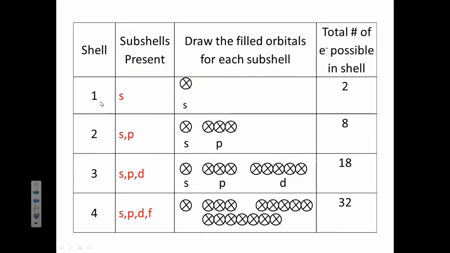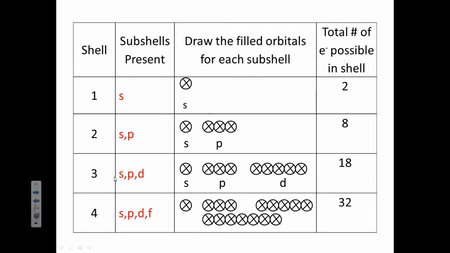So here's exactly what I was talking about. Shell 1, again, that's Walla Walla, has an S subshell only. So there's only 2 possible electrons can live in shell number 1. Shell number 2, Mount Si, has a 1-bedroom apartment and the 3-bedroom apartment, so an S and a P subshell. Since there can be 2 electrons that live in each of these, it can hold a total of 8 electrons.